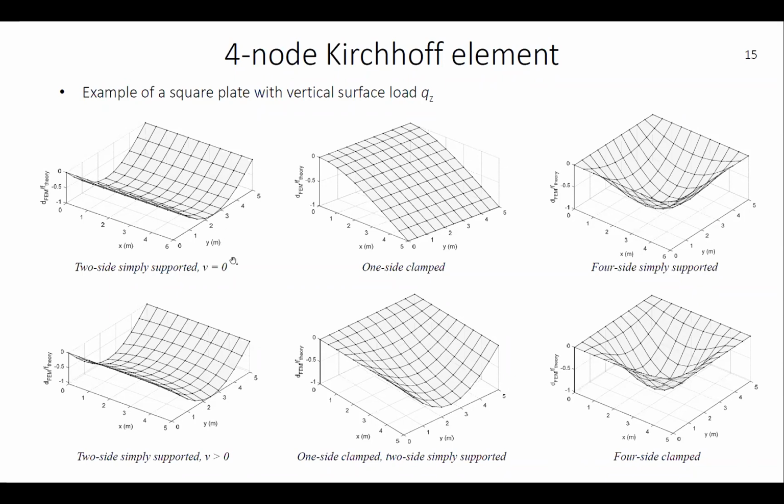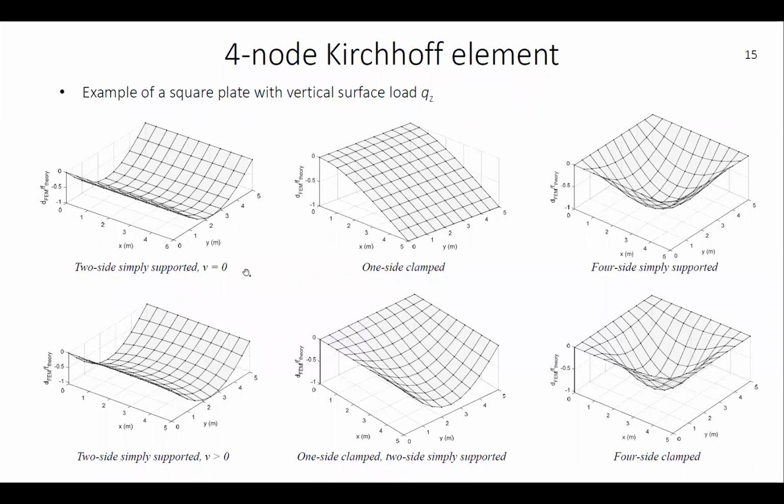If you have a non-zero value of the Poisson's ratio, you will have a transverse bending effect. So you will have a curvature in the opposite direction, causing section forces and stresses proportional to that Poisson's ratio.